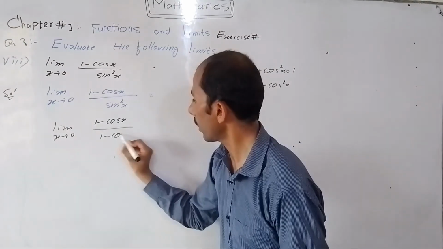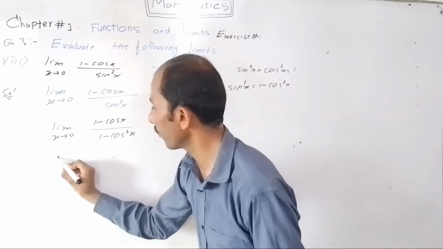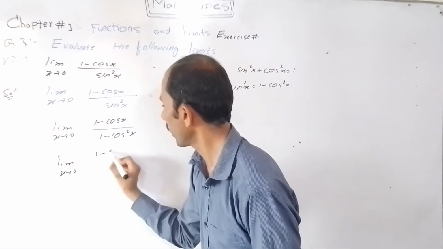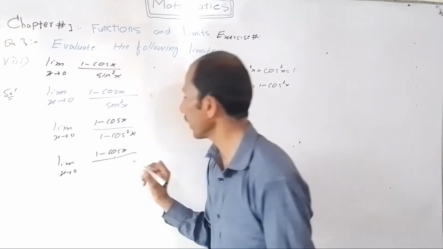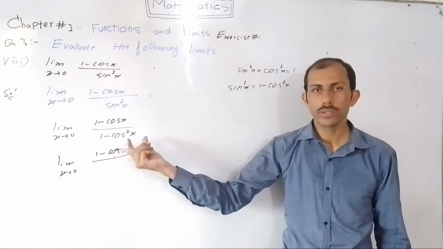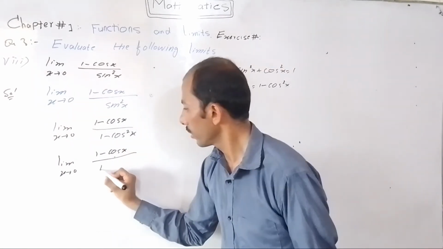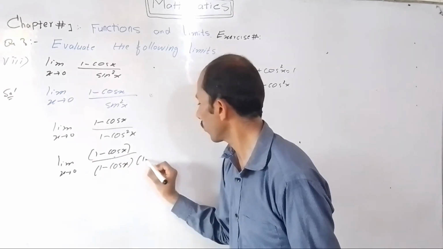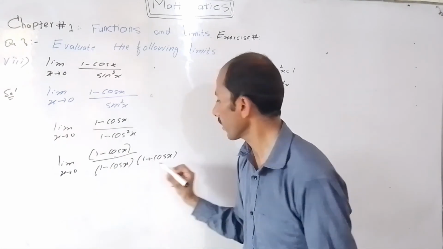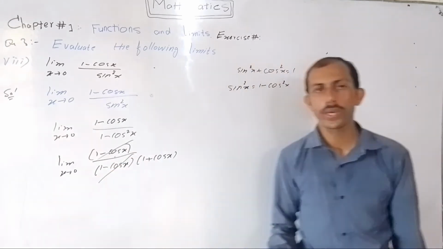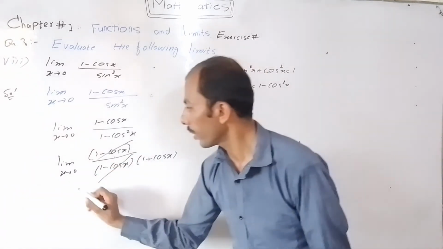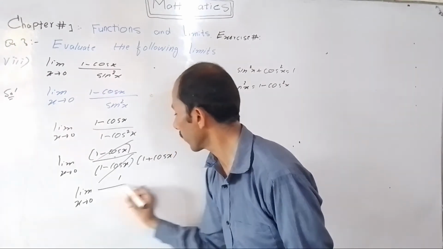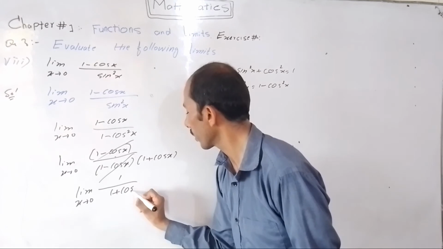Limit x approaches 0, 1 minus cos x divided by 1 minus cos square x, that is 1 minus cos x into 1 plus cos x. 1 minus cos x and 1 minus cos x cancel. Limit x approaches 0, 1 divided by 1 plus cos x.